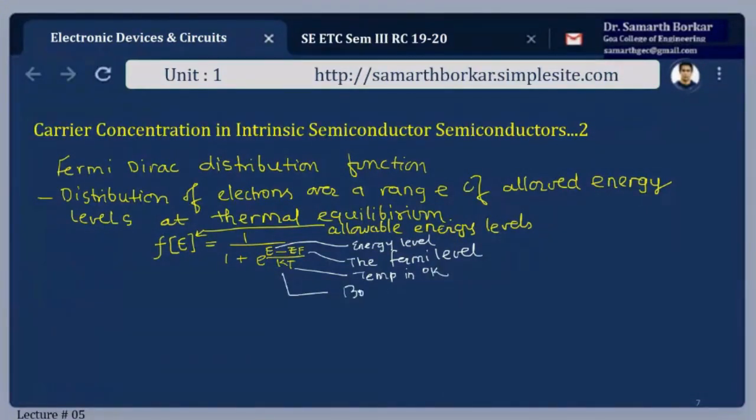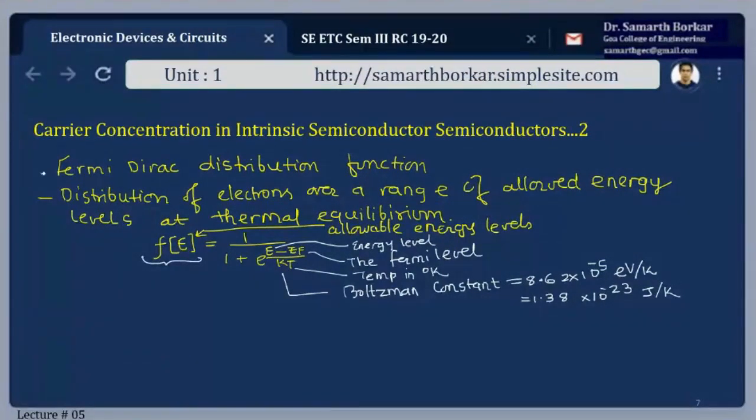K is the Boltzmann constant. The value is 8.62 times 10 to the power minus 5 electron volt per Kelvin, or 1.38 times 10 to the power minus 23 joules per Kelvin. So this f of E is the Fermi-Dirac distribution function. Basically, it's a probability distribution function. Let me write it here.